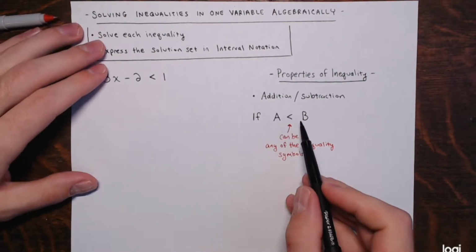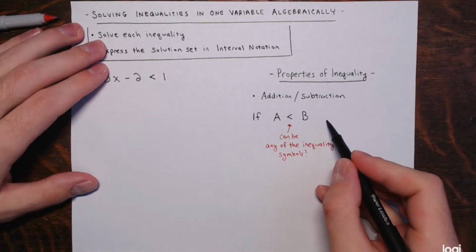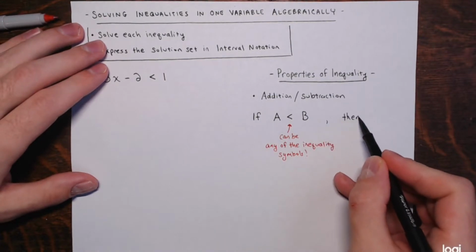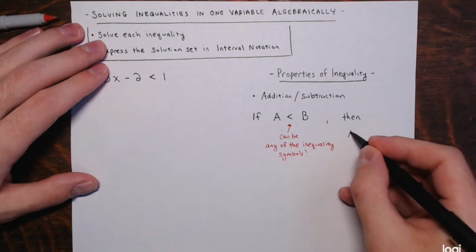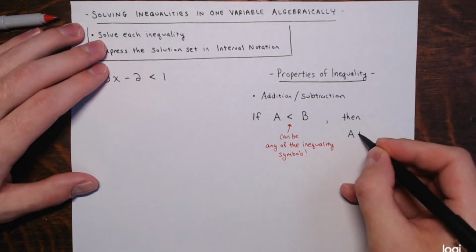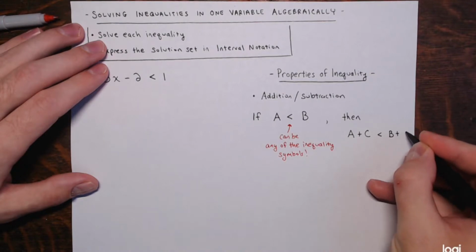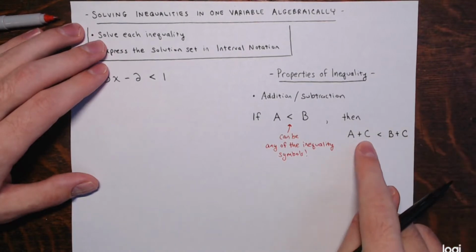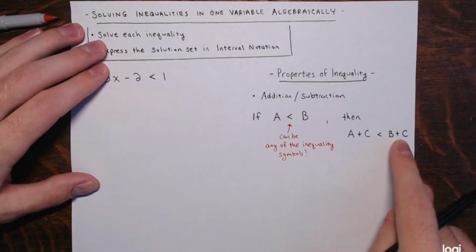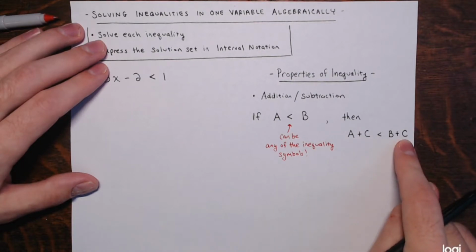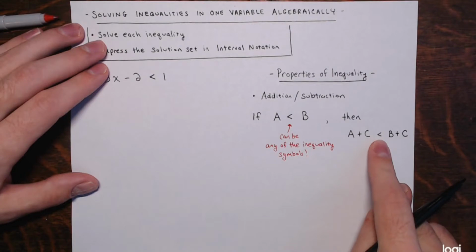So if A is less than B, then A plus C will be less than B plus C. So basically, kind of like with an equation, if you add something to one side, we're going to add the same thing to the other side. Right? And the inequality symbol will not change.